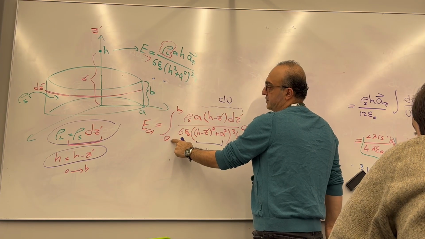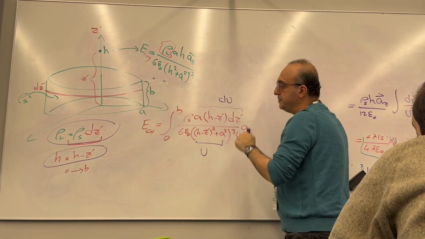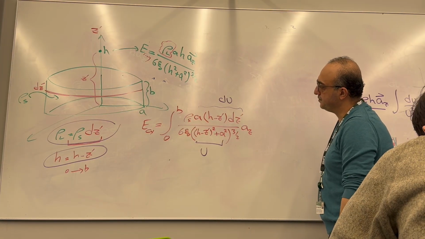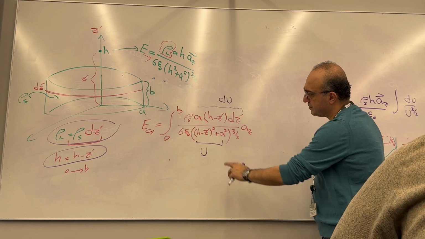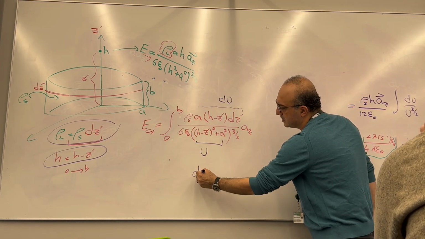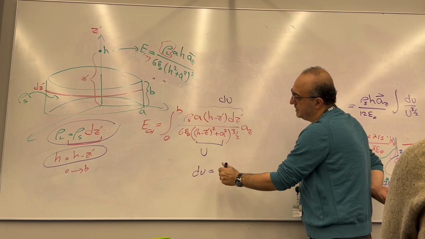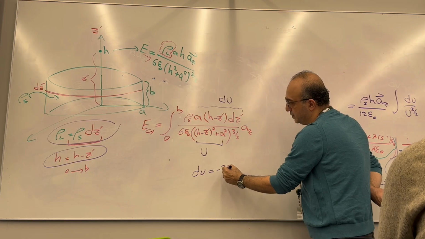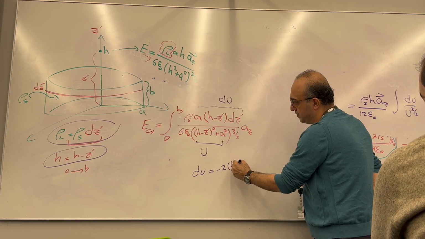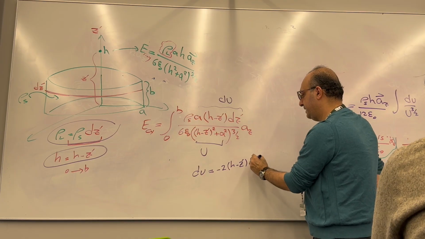Then this integral is over z, 0 to b, from here to here. That's what you did. This is du, and in this case I want to prove that it exists there. It's going to be minus 2 times H minus Z prime dz.